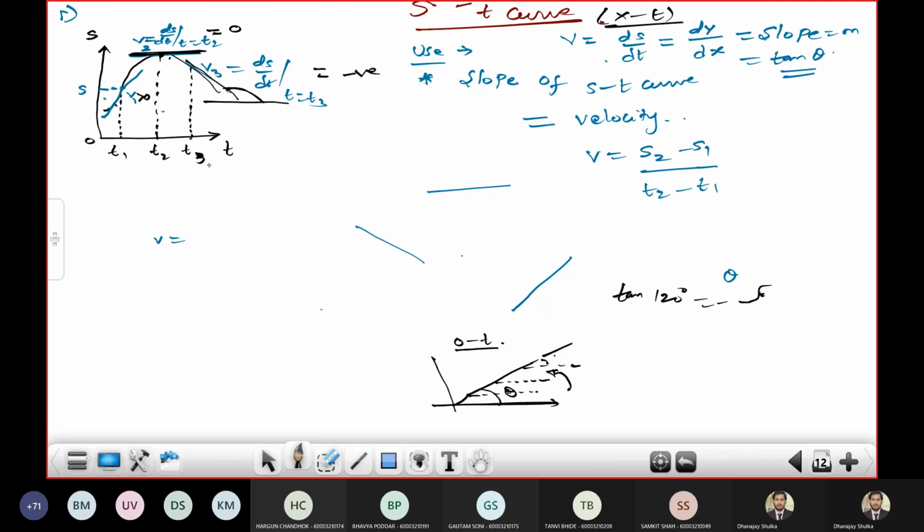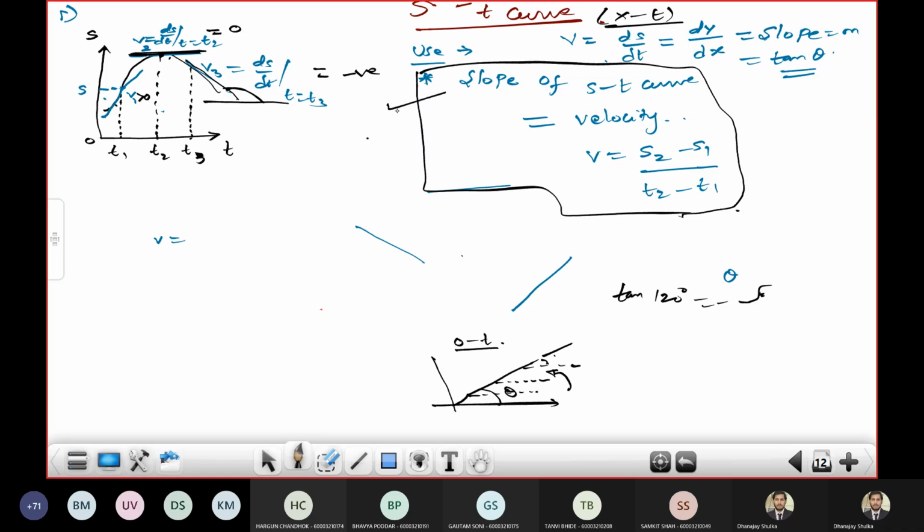So are you getting what I mean to convey here? The ST graph gives you the picture of the velocity at various time instants. That means using this ST curve you can directly calculate the velocity at an instant.